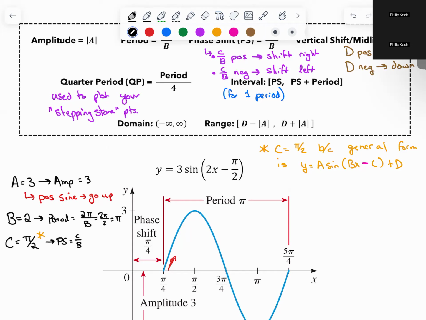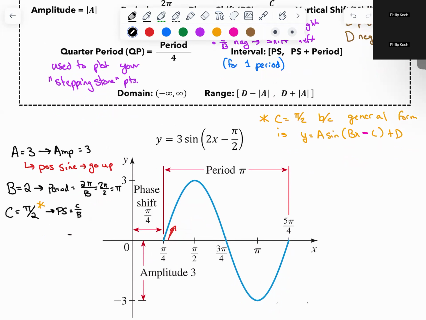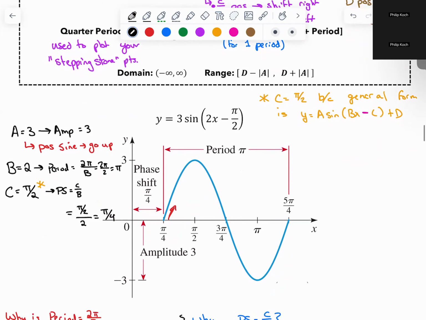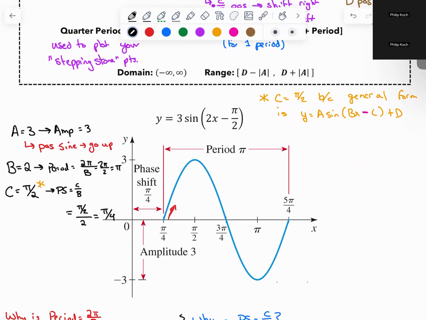So in this case, that would be c, which is pi over 2, divided by b, which is 2, which is pi over 4. It's okay if we're dealing with a complex fraction, a fraction within a fraction. As a reminder, if I've got pi over 2 over 2, that's technically 2 over 1, right?